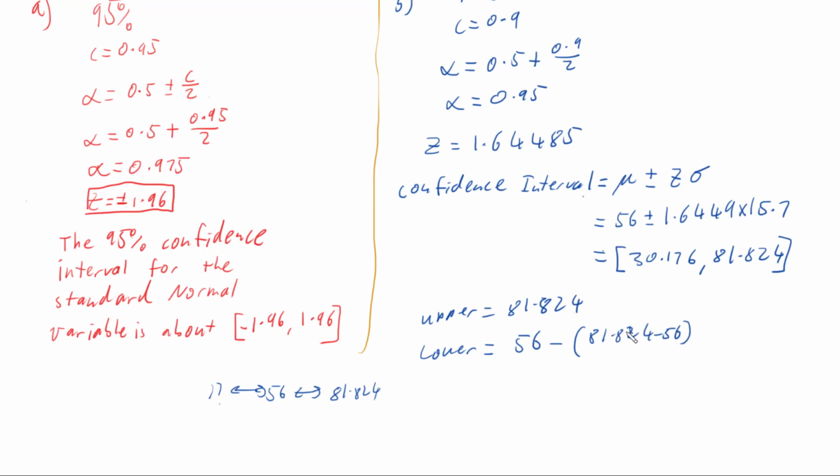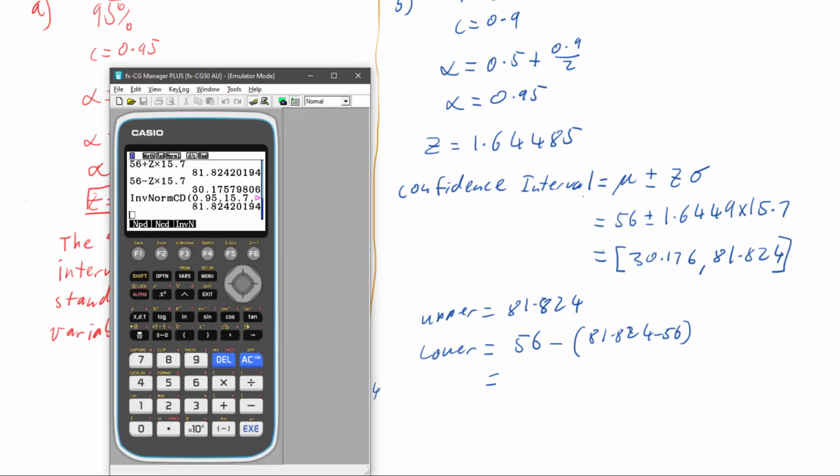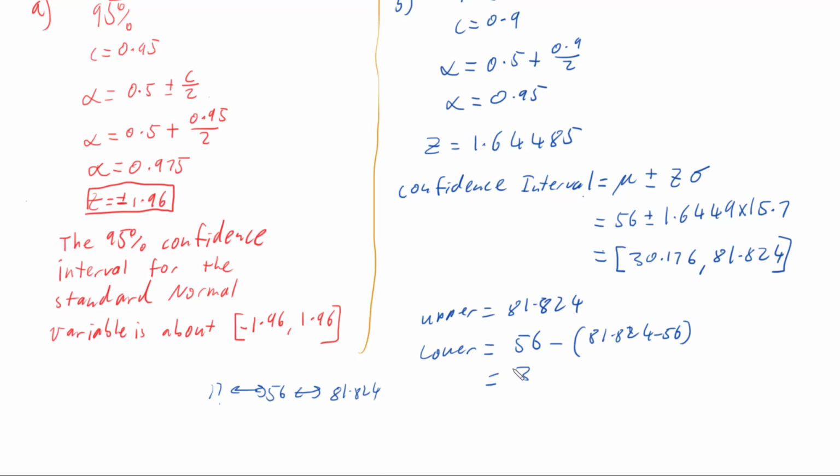Going back to our calculator, we have 56 minus that number we just got, minus 56, whoops, and execute, and we get our lower limit of 30.176. Now I can write that as a confidence interval.